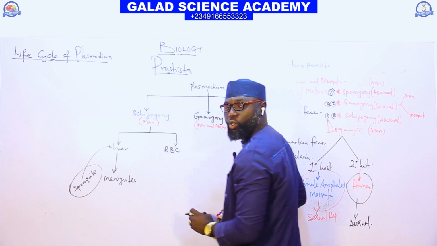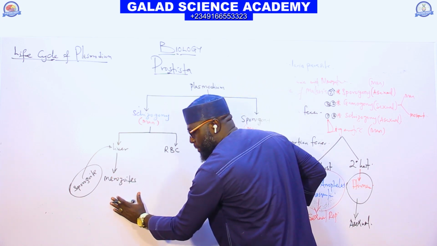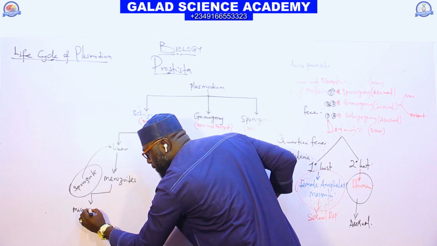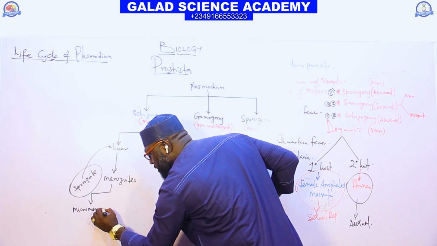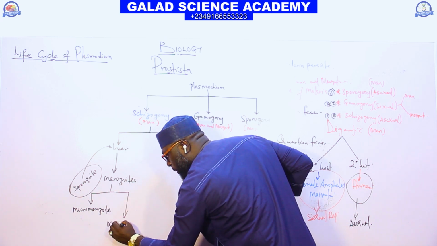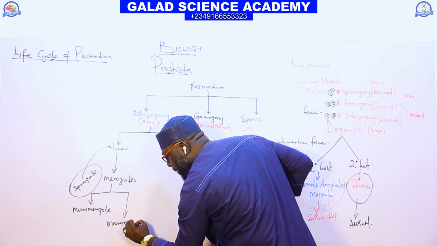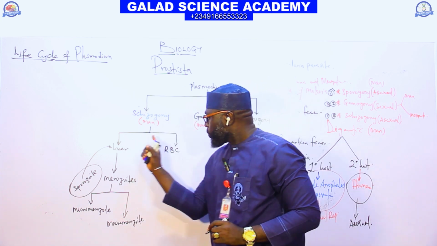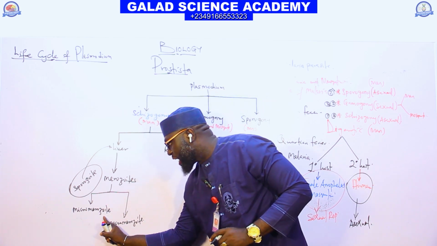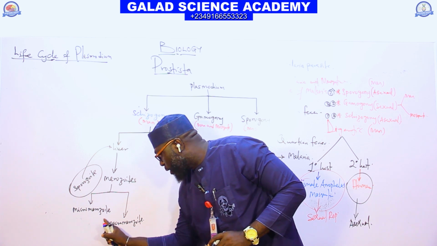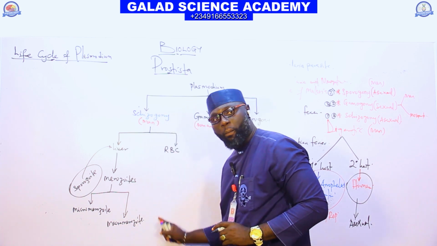And this merozoite is of two sizes. We have what we call micromerozoite, and we also have what we call macromerozoite.